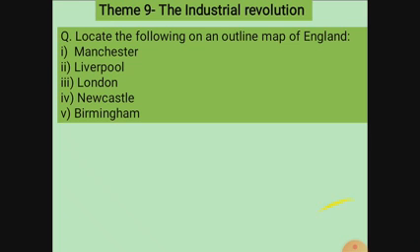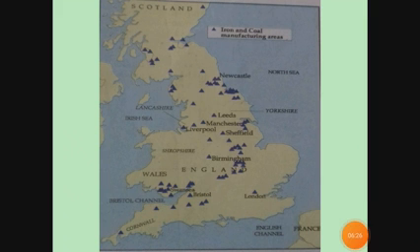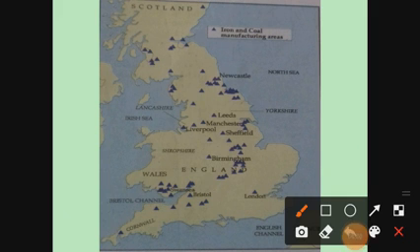So let's see. Again, the map is given in the book. Here in the middle is Birmingham. London is here. London is the capital also. Then Manchester is here. Liverpool is here. And Newcastle is here. At least 4-5 places you need to know.